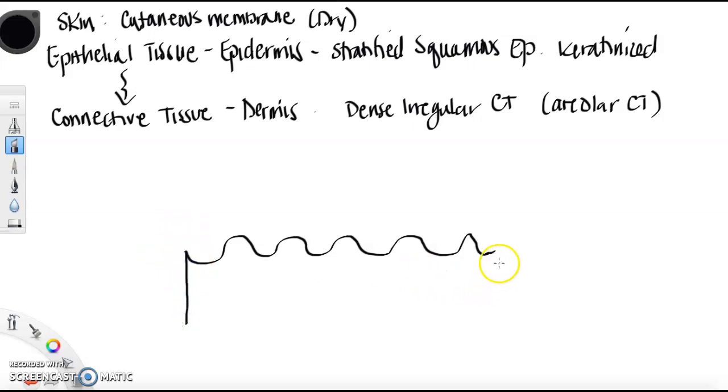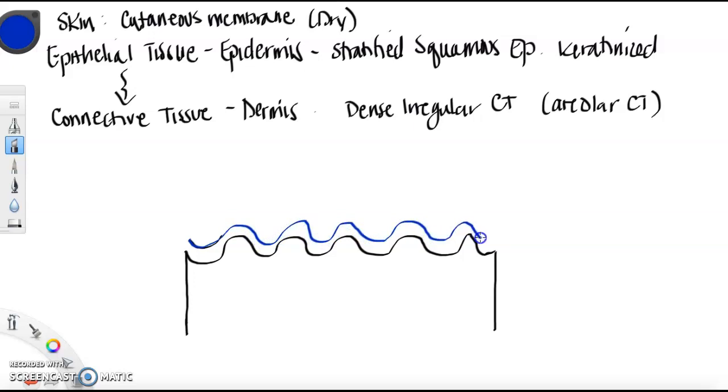Under it, starting there, all that is dermis. So the epidermis is stuck to the connective tissue below it. So there are cells here.